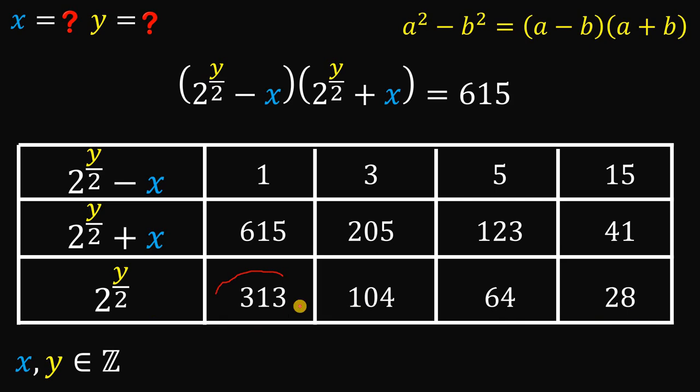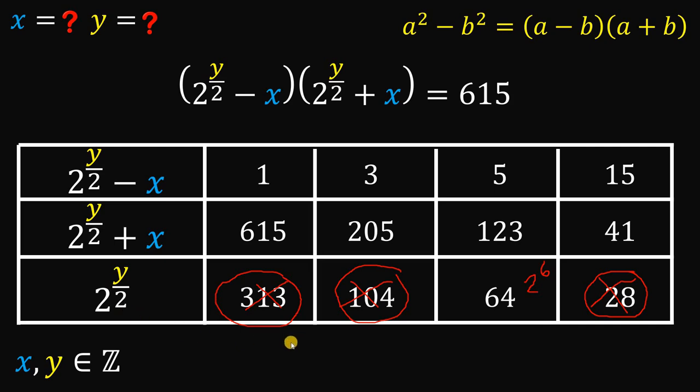Now, 308 cannot be written as 2 raised to some power, so this is not possible. 104 cannot be written as 2 raised to some power. This is not possible also. And 28 cannot be written as 2 raised to some integer power. But 64 can be written as 2 raised to the power of 6. So we have only one possible case here.